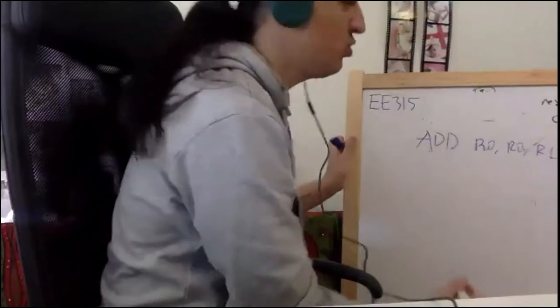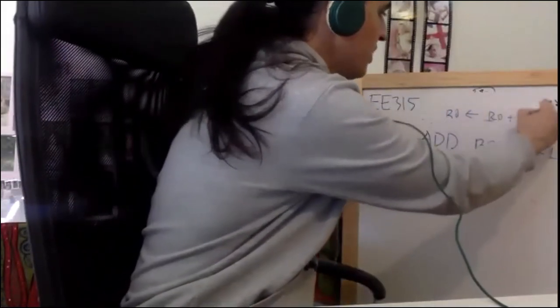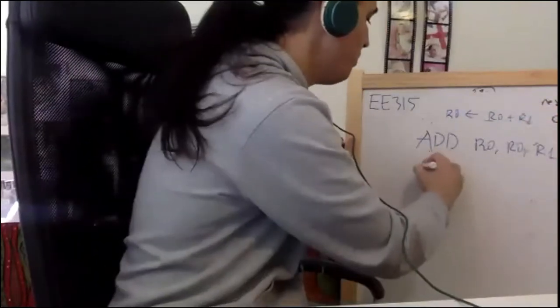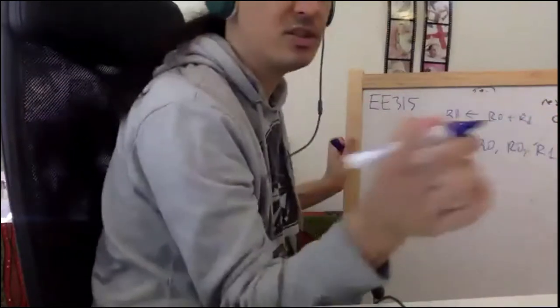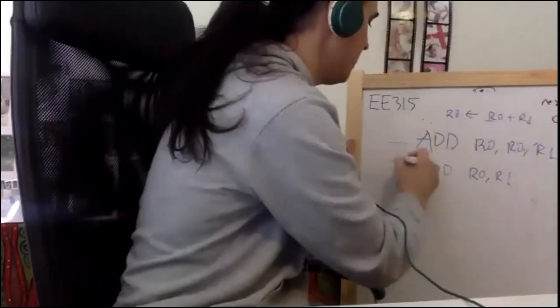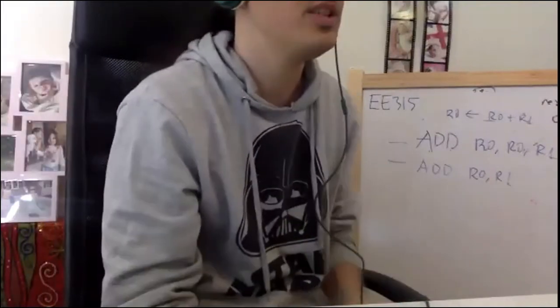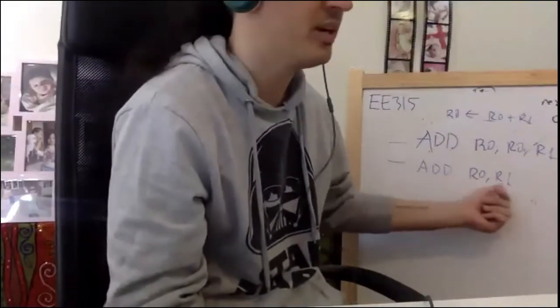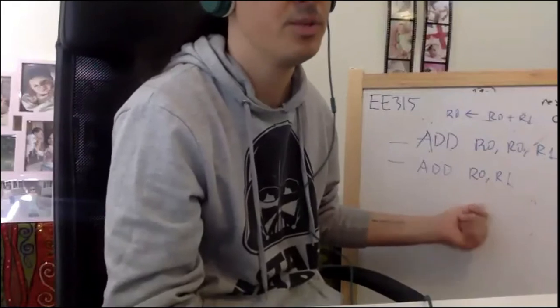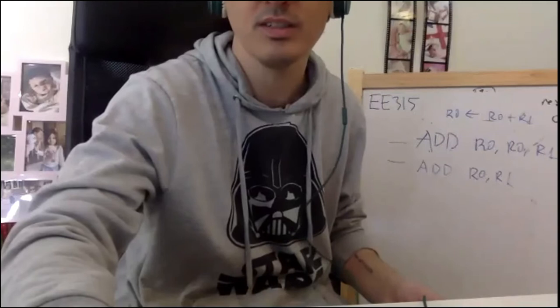The operation it's going to do is the new value of R0 will be R0 plus R1, right? It's so simple. An optional usage, as you see in the slides, is this. These are the same. They do the same operation. So if you see not 3 operands but 2 operands after an arithmetic operation defined that way, that you see in the slides, let me show you the slides now.